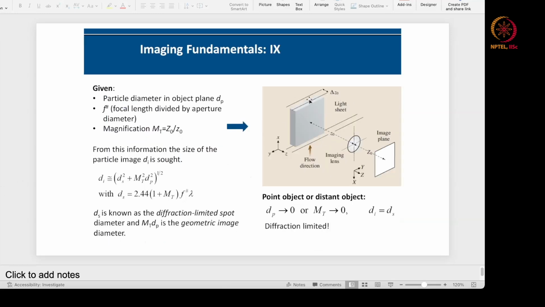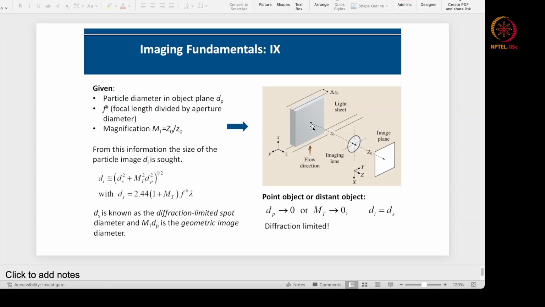There is a particle of diameter dp in the object plane, illuminated by a light sheet, with the flow direction shown here. This is what people normally use in particle image velocimetry. The f number is the focal length divided by the aperture diameter, which we already know.